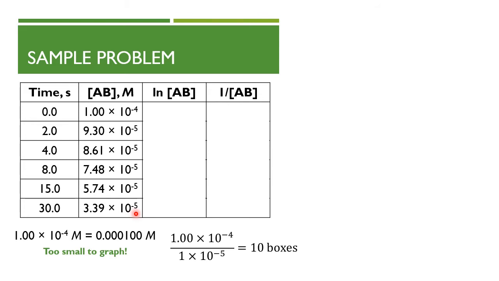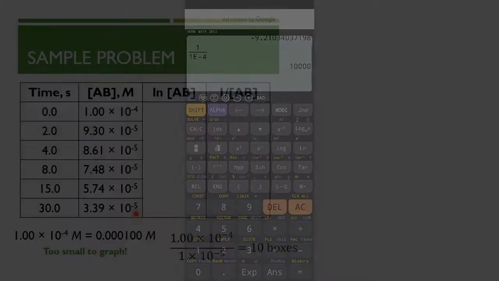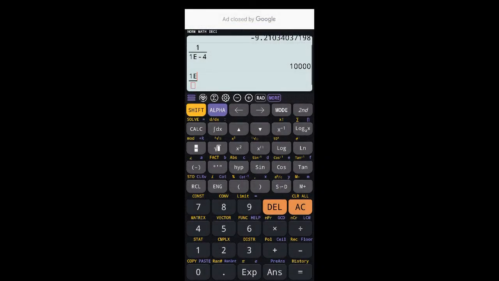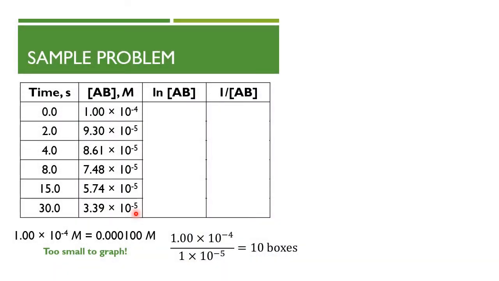Taking our calculator, we will then get the following value. To generate a large enough and accurate enough graph, our calculator tells us that we need at least 10 boxes.